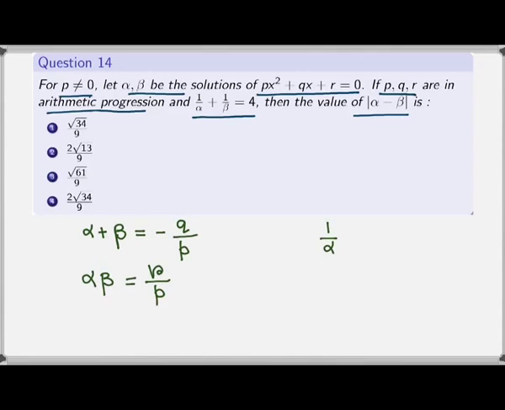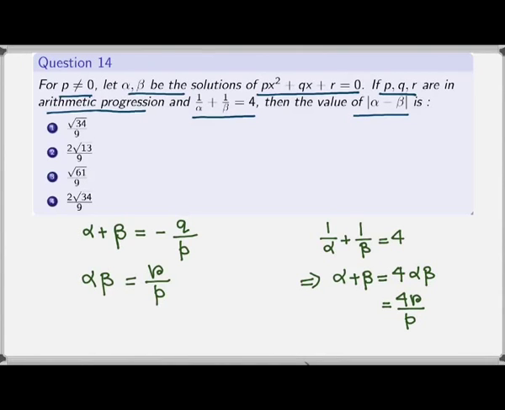Since 1 by alpha plus 1 by beta is equal to 4, from here we can conclude that alpha plus beta is equal to 4 into alpha beta. Now we know that alpha into beta is equal to r divided by p. Therefore, alpha plus beta is equal to 4r divided by p.